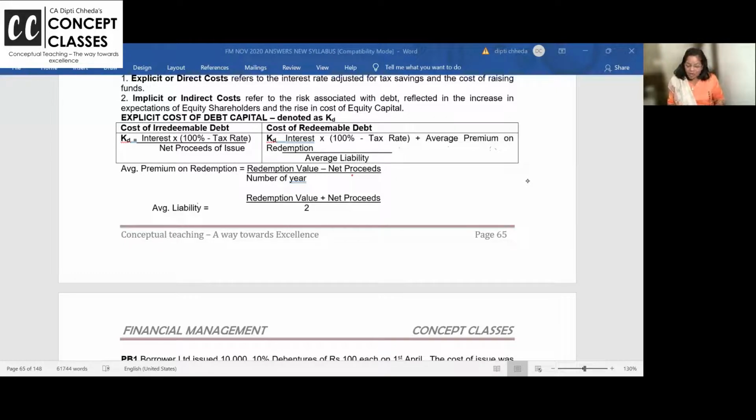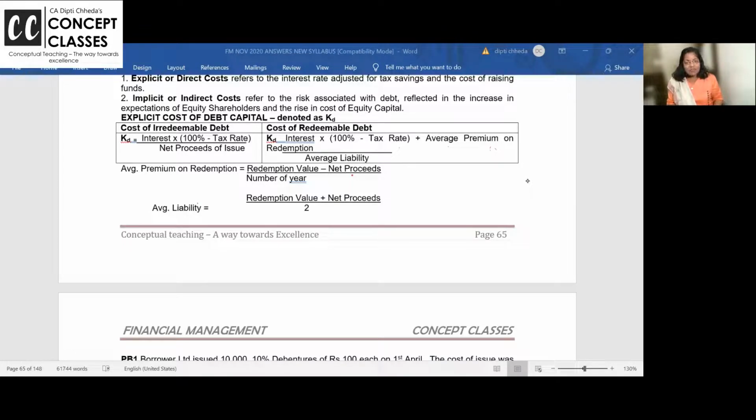So now, interest divided by net proceeds into 100 if the redemption value and face value is 100. If there's a difference between face value and redemption value, issue related expense, or you have given discount, or you have decided to repay at premium, then interest plus average premium divided by average liability.